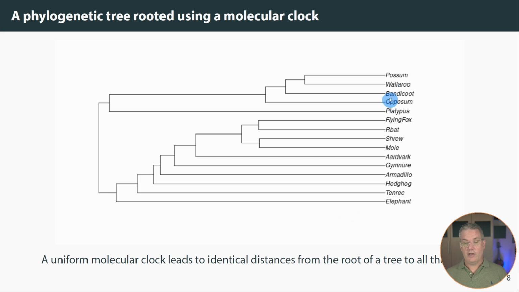You might also notice that all of the leaves are the same distance from the root, which is characteristic of a tree generated using a molecular clock. And you might also notice that the root itself is not actually drawn. So you might not immediately see that it is a rooted tree, because there's no root line coming out from the left. Nonetheless, this is a rooted tree.